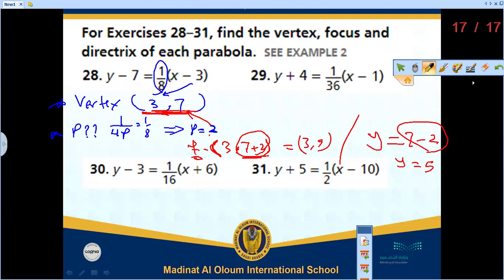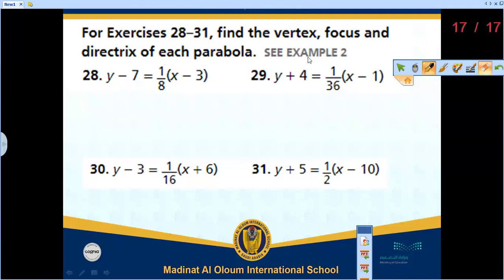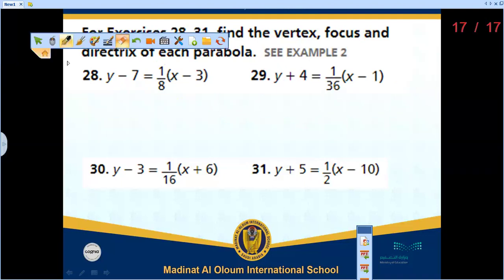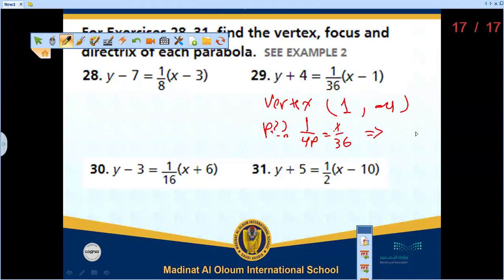Let's do another one. Concentrate. What is my vertex here? It's easy. Negative 1 became 1, 4 became negative 4. Then I need to get P. How would we get P? 1 over 4P equal what is in front of the bracket, which is 1 over 36. By using shift solve, P is 9.